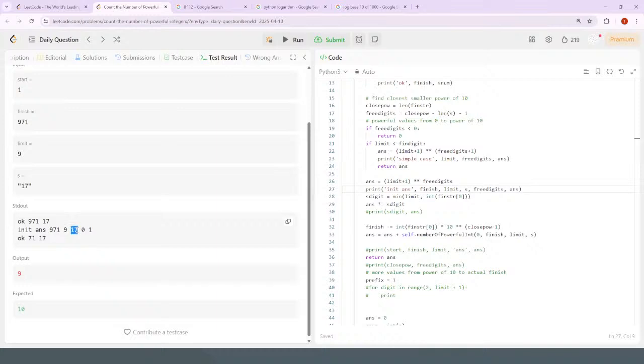Limit is 9. 17 is S. There's 0 free digits. Okay, I guess that's fine. So there's 0 free digits. So you're multiplying, your initial answer is 1.